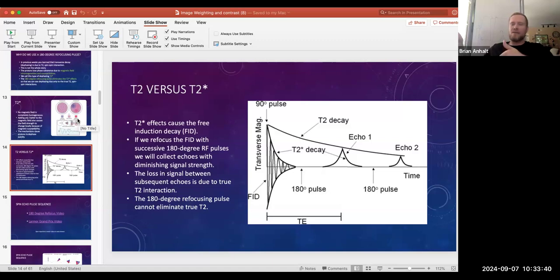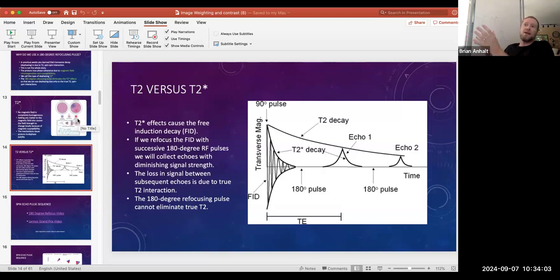We can have a side conversation about this, but essentially any pulse will create an echo, not just the 180. I like that you're thinking that way, but just try to think about it as, if we did send in a 90, it would refocus some of the magnetization, but not all of it.